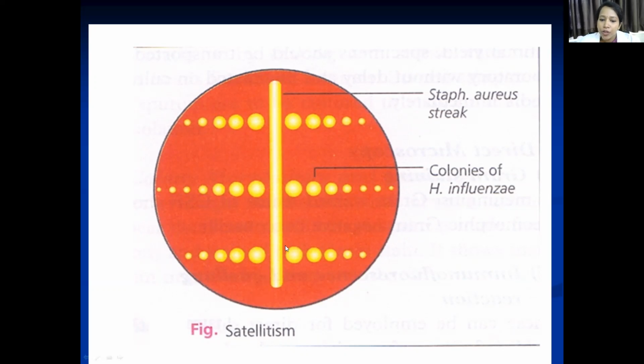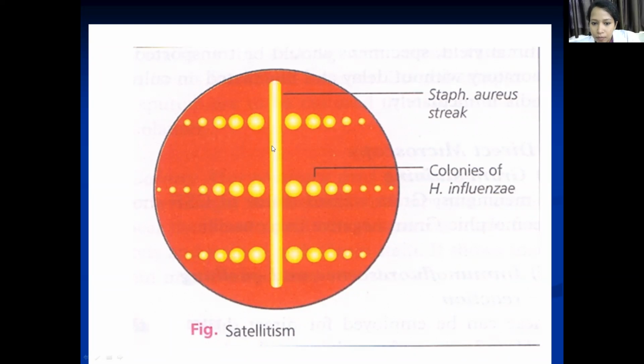If we do not streak Staphylococcus aureus, no growth will be seen of Haemophilus influenzae because it needs factor V. After streaking Staphylococcus aureus and incubating overnight, the next day we'll see larger colonies near the line and smaller colonies as we move outwards. Why? Because more factor V is present near this line of Staphylococcus aureus.